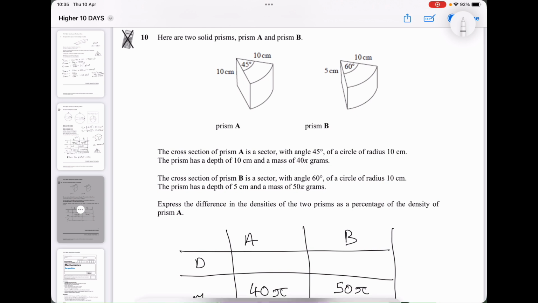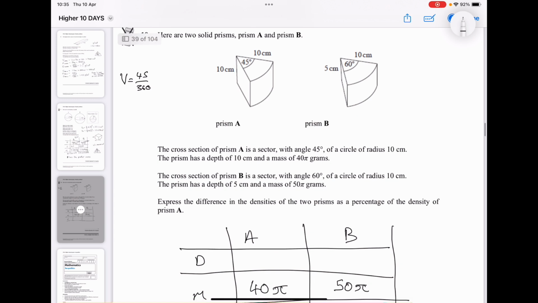So the volume is 45 over 360, which is the fraction of the whole circle, times pi r squared, times h.